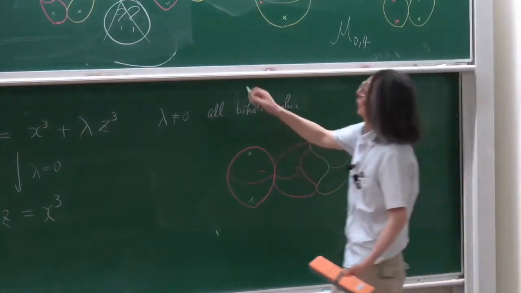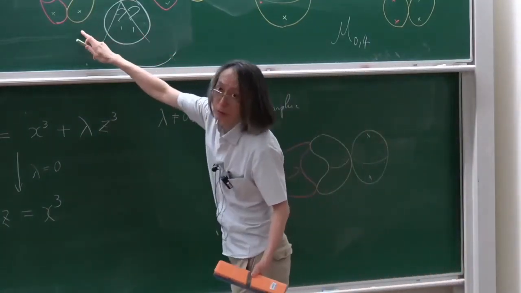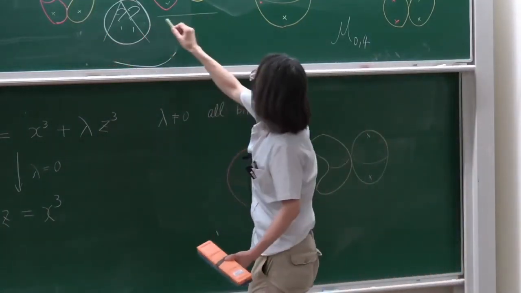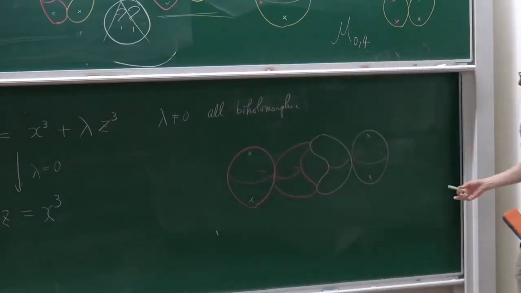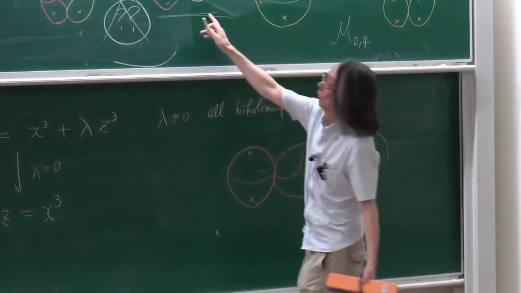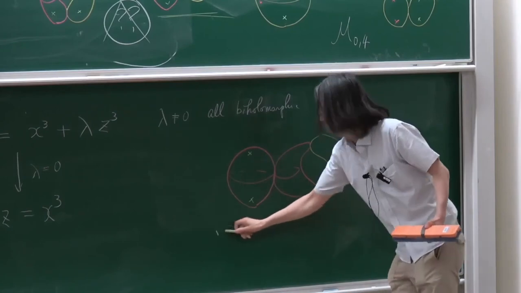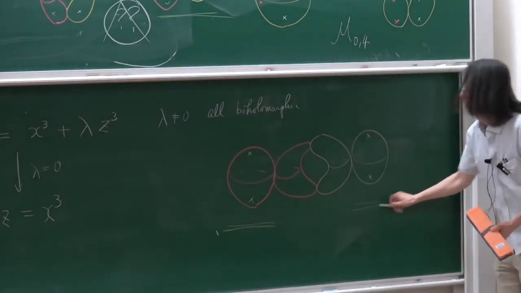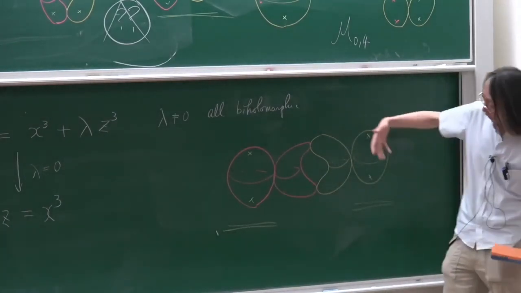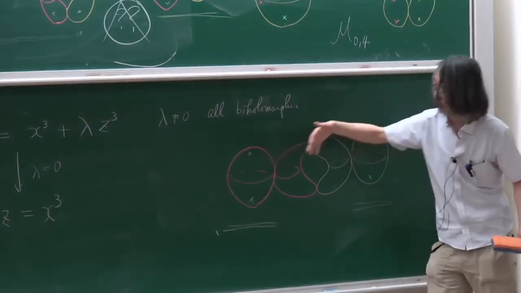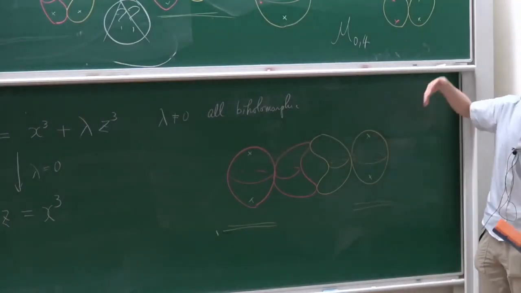So in fact, I asked whether this limit is this one. But what I'm saying is these two appear here and here, and there are additional components joining them. And so you have a map.